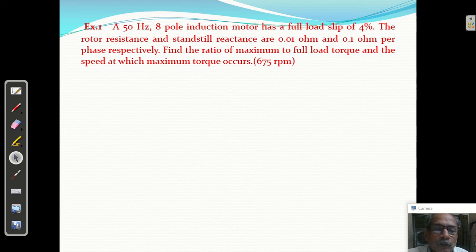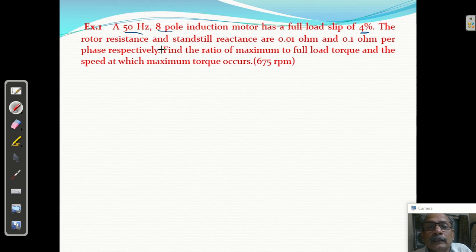So this is the first problem I have. A 50 Hertz, 8 pole induction motor has a full load slip of 4%.